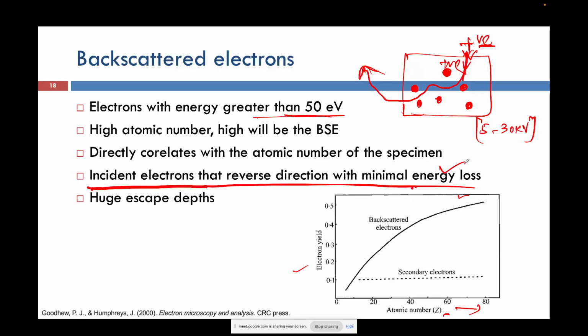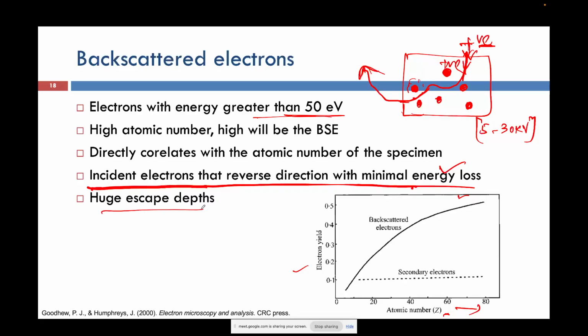A little bit of energy it loses since it changes its direction, and while going it also gives some energy to the electrons around this nucleus, but with minimal energy loss we get these backscattered electrons.